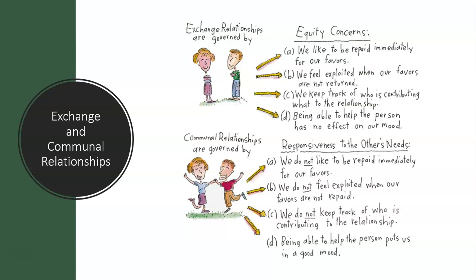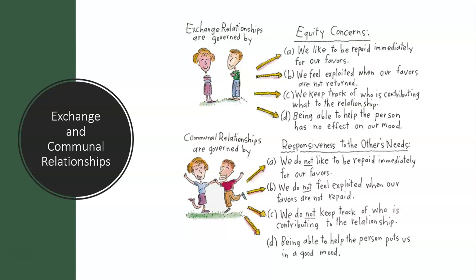At the same time, if you have people in exchange relationships where equity concerns become a source of argument and disagreement, then those relationships are vulnerable to falling apart because they're not based on deeper emotional values, like empathy and concern and care. Communal relationships tend to be reported as having higher relationship satisfaction and longevity. But it's best when it's equal.